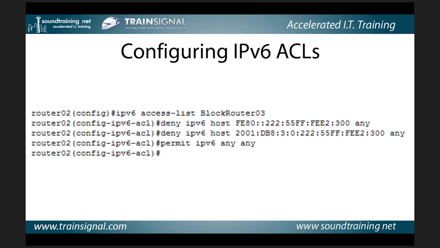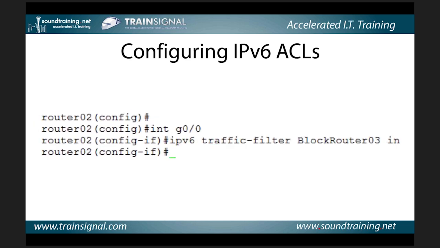Now, in order to make that work, we have to use the IPv6 traffic filter command instead of the access group command. We have to use IPv6 traffic filter on the interface. So in this case, I went to interface G0/0, and then I use the IPv6 traffic filter and I specified the name of the access control list and then the direction of the list, which, same as with IPv4, in or out is from the perspective of the router.